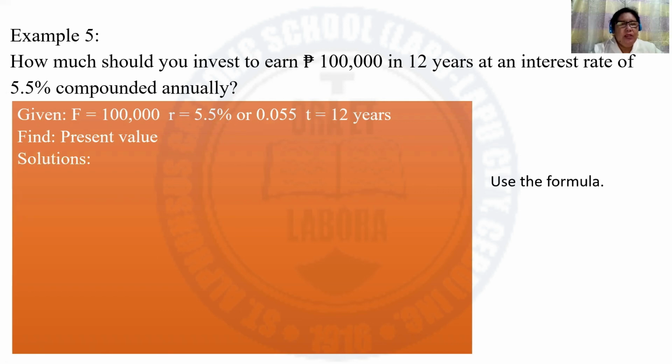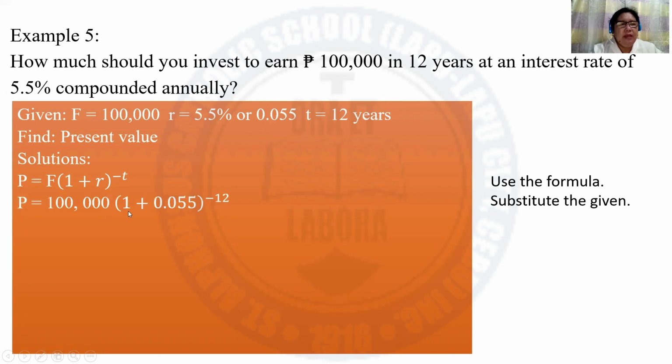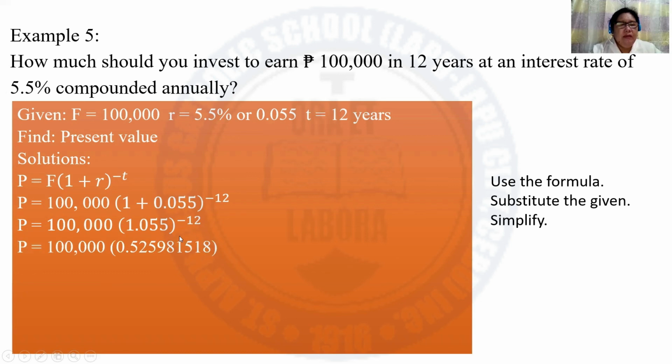For the solutions, we have to use the formula, then substitute the given, 100,000 times the quantity 1 plus 0.055 raised to negative 12. And then simplify. So this part will become 1.055 raised to negative 12. And the result of this part is 0.525981518.